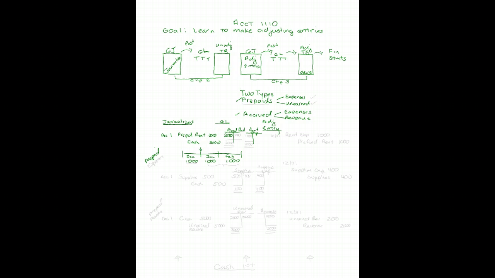And this much has been consumed, and this much has not. So that tells you we need to move out of prepaid rent $1,000, so $2,000 is left. I've told you how much is left and how much is used.